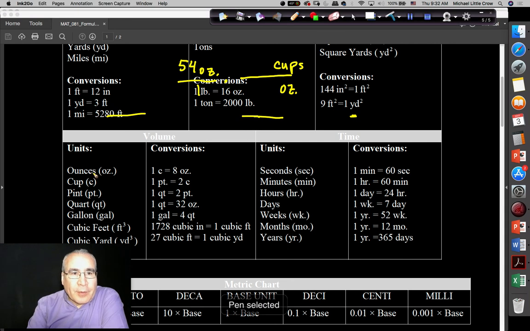So the one we're going to want is ounces converting to cups. So we see that there are 8 ounces in 1 cup. That's what we want to use right there. So the number of cups is 1 cup. Number of ounces is 8.